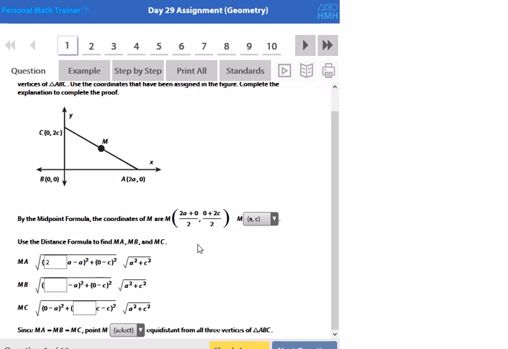The first one we did was this distance here, which was 2a minus a, and then 0 minus c. Now the distance here from M to B is going to be 0 minus a, which is negative a squared, which makes the a positive. Same thing here with a 0 minus c, so that gives us positive c squared. And then from M to C, they did the a's for us, and then this would be 2c minus c. So all the distances ended up being the same, so it is equidistant from all three vertices.